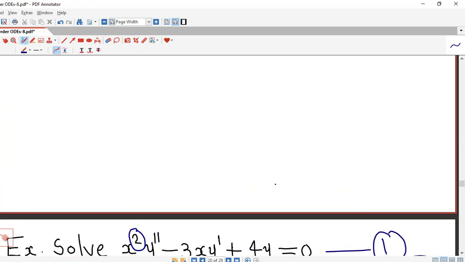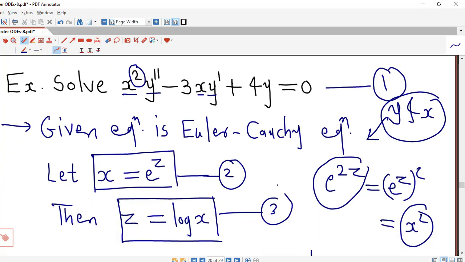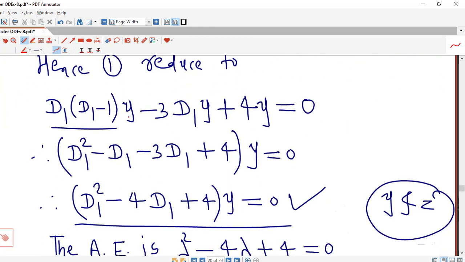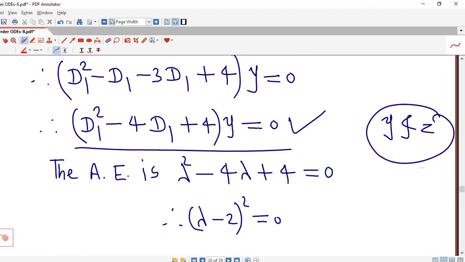So if your equation is an Euler-Cauchy equation, you can always convert it into an equation with constant coefficients, and you have to remember this transformation x equal to e raised to z. We start by taking this substitution, then we replace x y' by D1 y and x² y'' by D1 (D1 − 1) y, and our equation will be converted into an equation with constant coefficients in variables y and z.